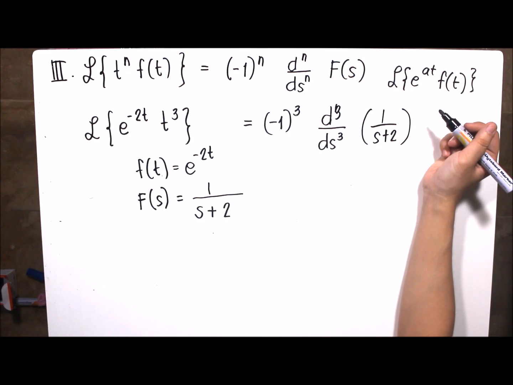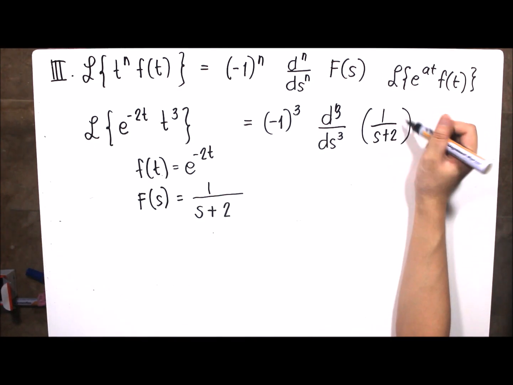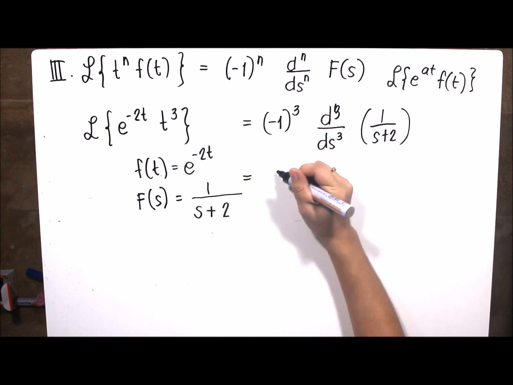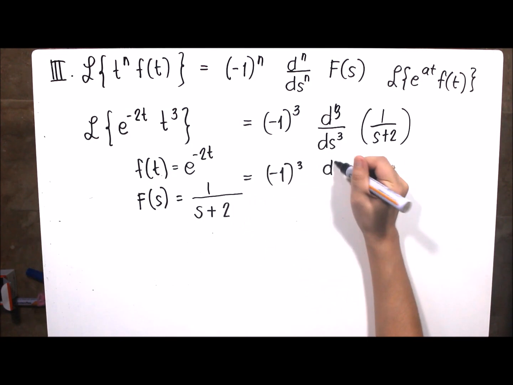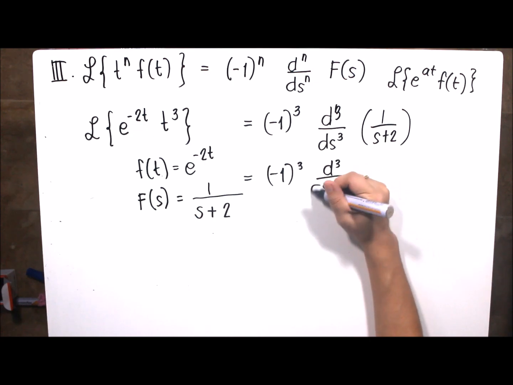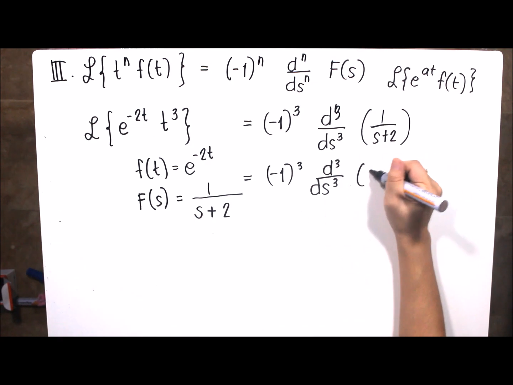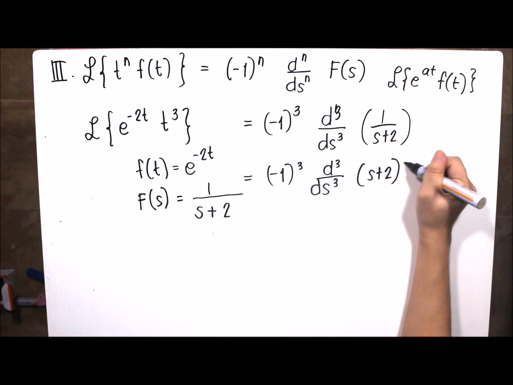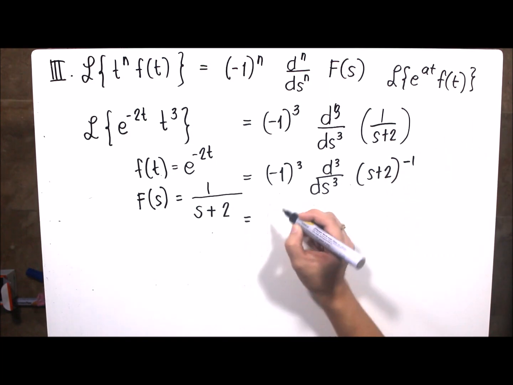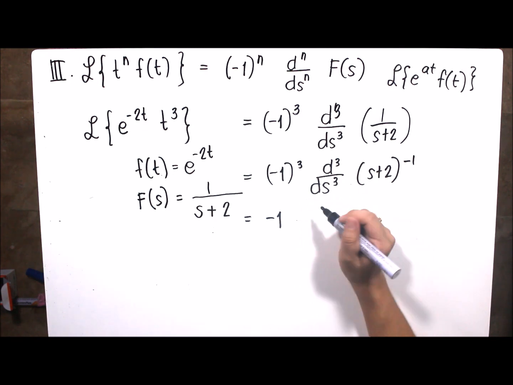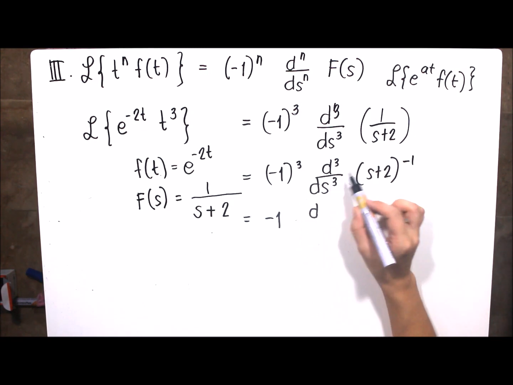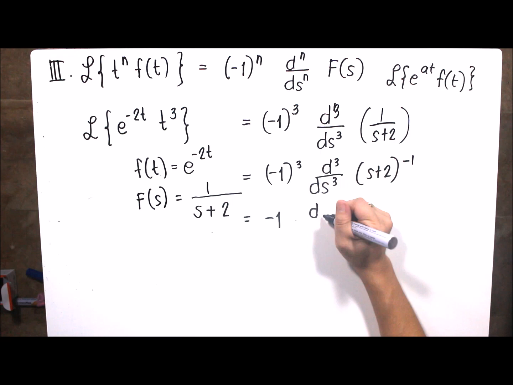So, for it to be easier for us to take the differential of this, let us write this as negative 1 cubed times the third derivative with respect to s of s plus 2 raised to negative 1. So, we have negative 1 cubed times, you're going to take the first derivative of this one.